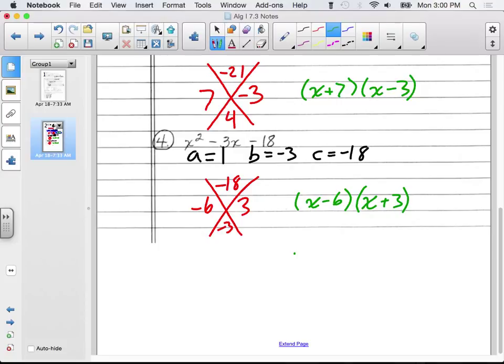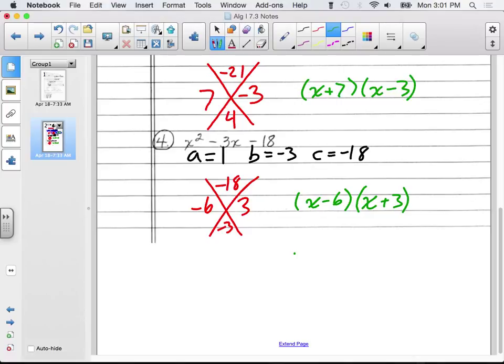Alright, so when we use the diamond method, what goes upstairs? C. What goes downstairs? B. Basement and the ceiling. There's a good way to remember it. Did you know that? Good work. Then what are the two things that we're finding?